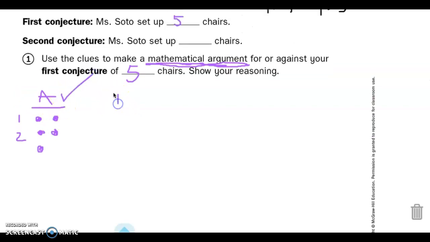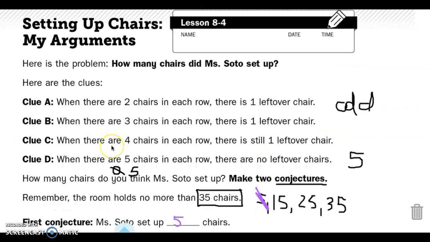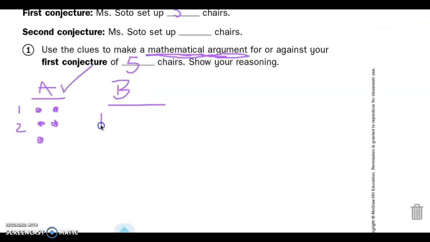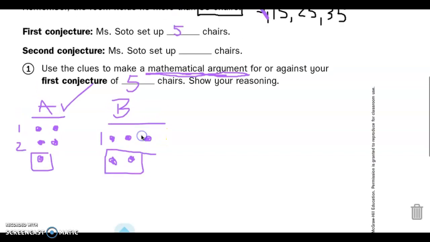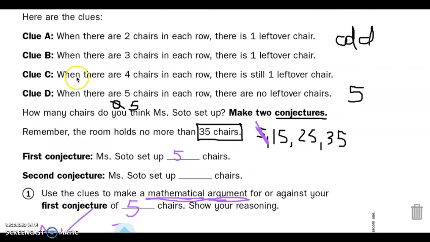Great. Let's try clue B. 3 chairs in each row with 1 left over. Well, here's row 1. So I need 3 chairs in that. 1, 2, 3. How many more do I need to get to 5? 1, 2. Is that a whole other row of 3? No, it's not. How many do I have left over? Well, I had 1 left over before, and here I have 2 left over. Does that work for this one?